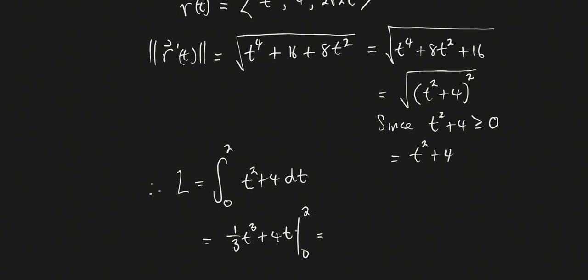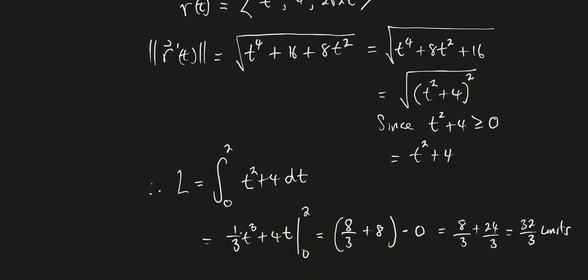At the upper limit, what do we have? 8/3 plus 8. And at the lower limit, we have 0. So then this is 8/3 plus 24/3 for 32/3 units of length. And there we go.